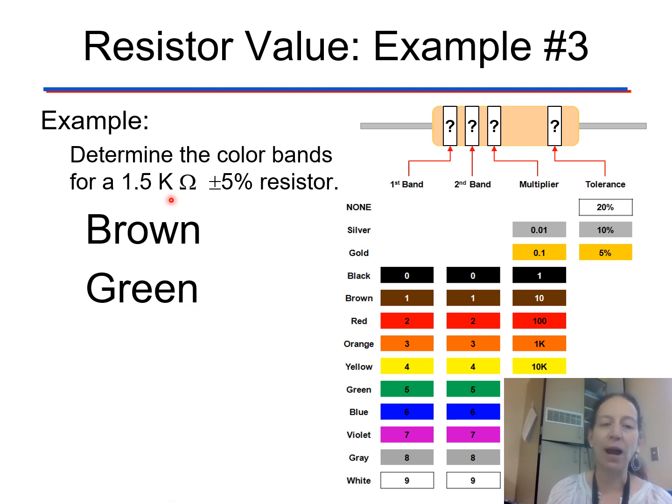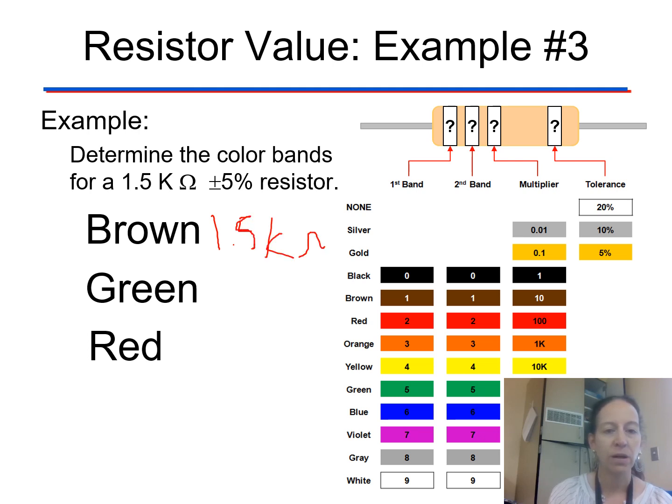Then we have to figure out that multiplier. So kilo is what? That we would multiply by 100 to get the kilo ohms. I have to think that one through. Hang on. So we have 1.5 kilo ohms.